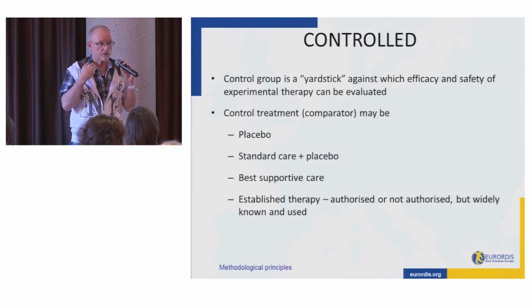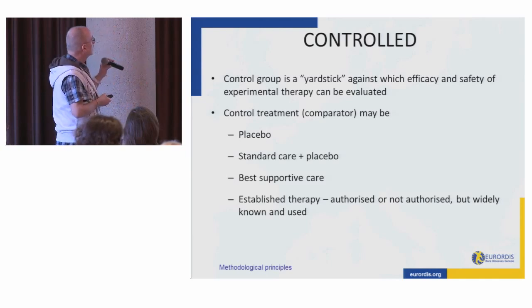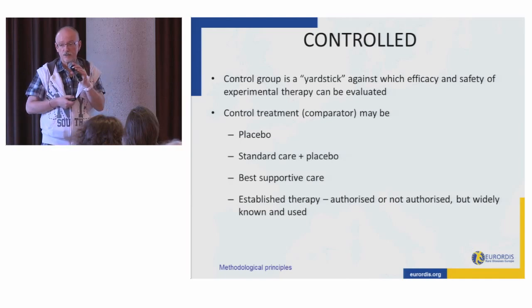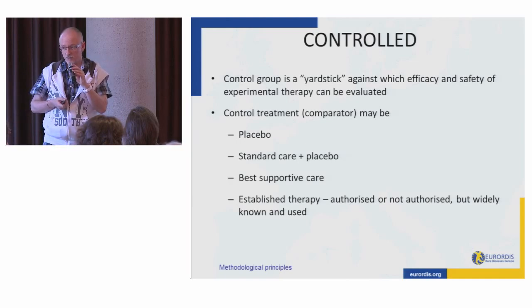And we think that the problems are washed away, the problems that the FDA has. Continuing to talk about control, well, standard care plus placebo is exactly the add-on situation that we had with stiripentol.